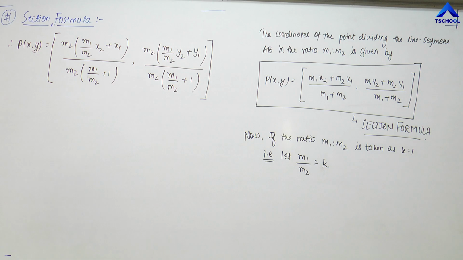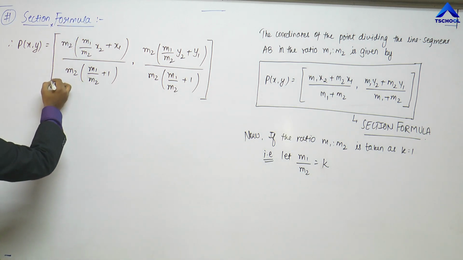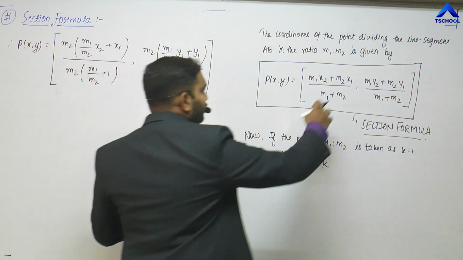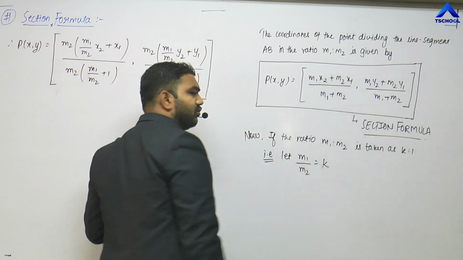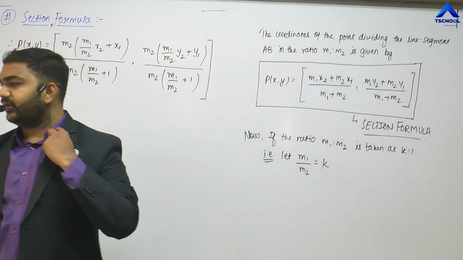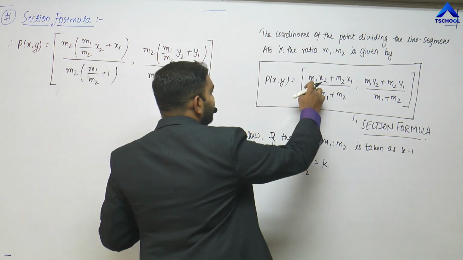Right, so this is how you can write down simply by taking out m2 common. I have done nothing here, friends. I have simply taken out this m2 common. So if I take it common, then this m1 x2 will become m1 upon m2 into x2, right? Because there is no m2 present here.